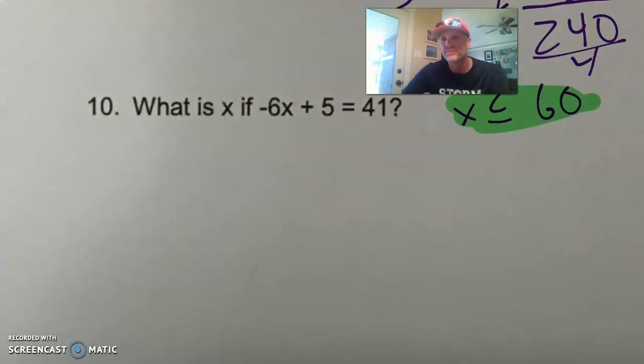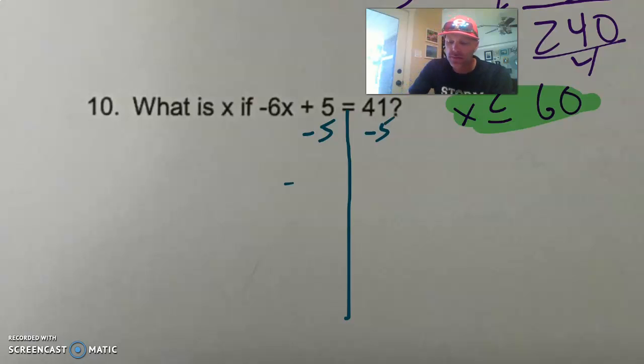Number 10, we're just finding out what X is. It's not hard. I'm going to draw a line. X wants to be alone, like me, whenever I get in trouble. So we're going to subtract 5 on both sides.